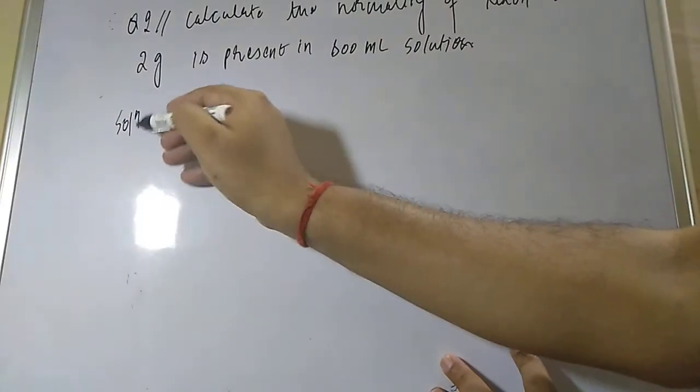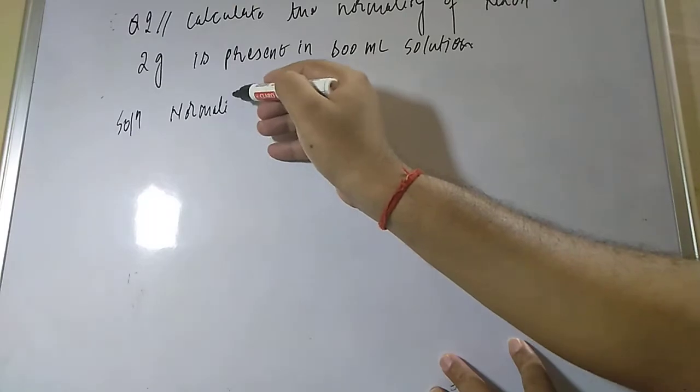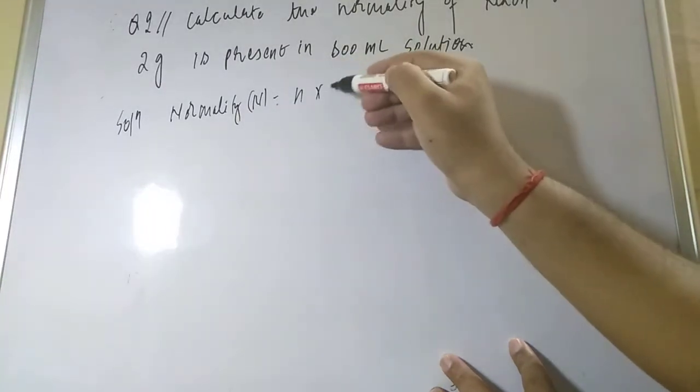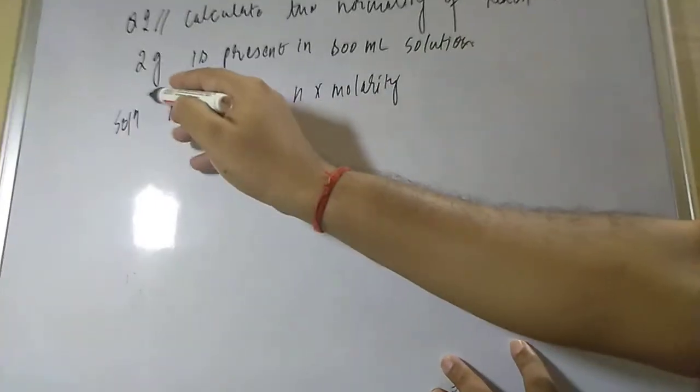The same way you can do it, student. Normality, capital N, is equal to n into molarity. So for this problem, we need to calculate the molarity.